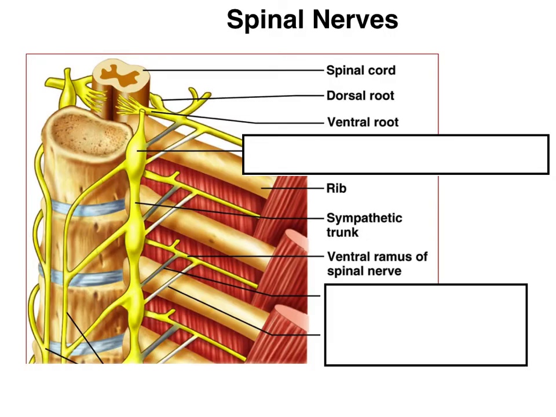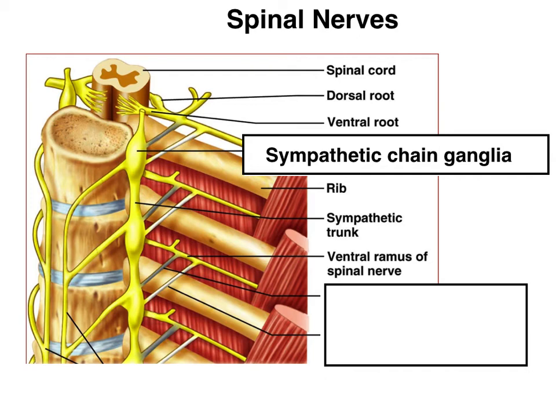You may see in your laboratory or on videos a view of the spinal nerves looking from the anterior. And instead of a cross-section, this is more of an anterior lateral view. You can see going up and down beside the vertebral column, and outside of that is the sympathetic chain ganglia. So they're named because they go up and down the outside of the vertebral column in a chain.